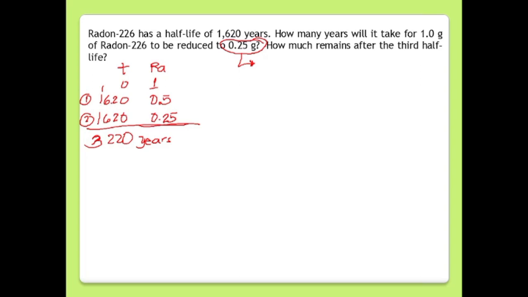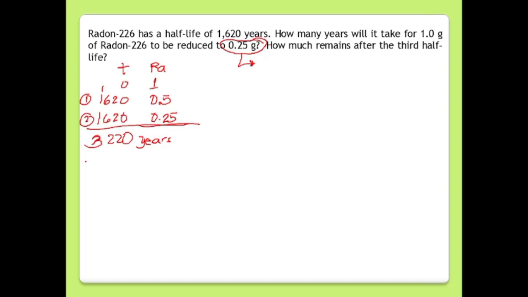So, after 1,620 years, kinailangan mo ulit ng 1,620 years para ma-half ulit siya. So, that is 1,620 plus 1,620, that would be 3,240 years. And ang tanong sa next, how much remains after the third half-life? So, eto is the second half-life.